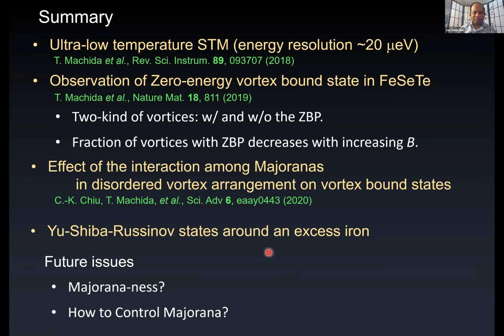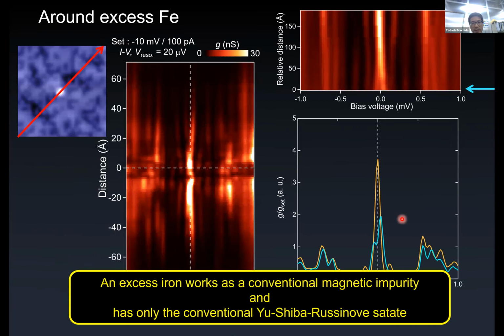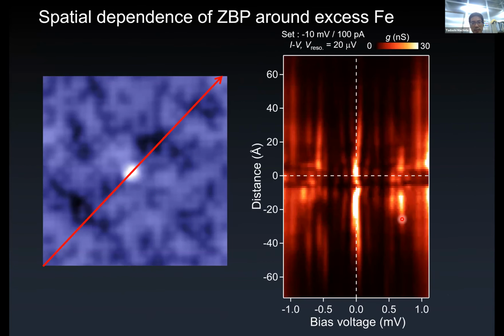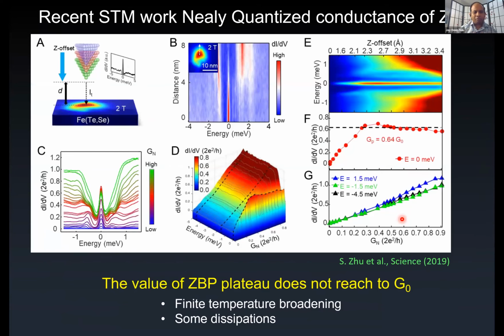So this is about the quantization. You showed figure 2 from the Zhu et al. Science paper from Hong Ding's group. Just go back to this slide, right? The one which had a plateau. But the plateau was near half.